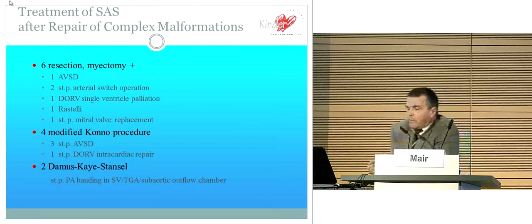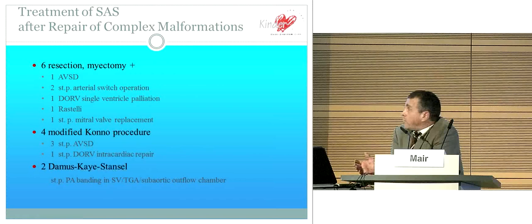So what were the results after these problems? In 6 patients, we could do resection plus myectomy plus mobilization of the mitral valve papillary muscles plus resection of accessory tissue.